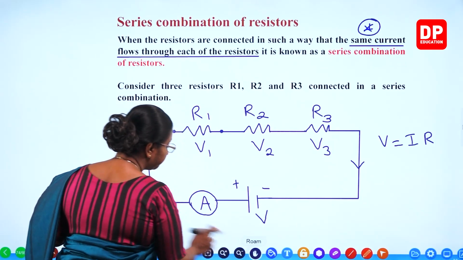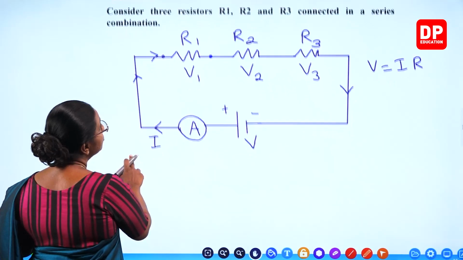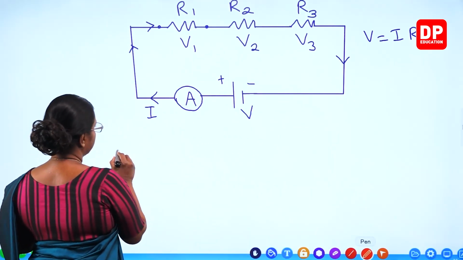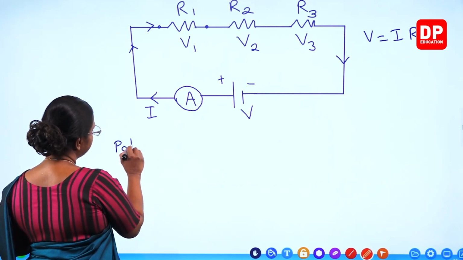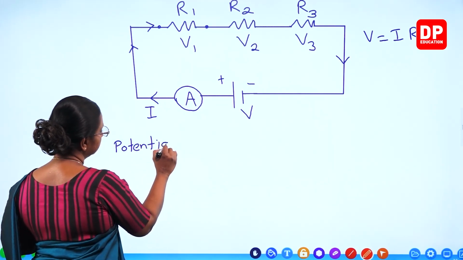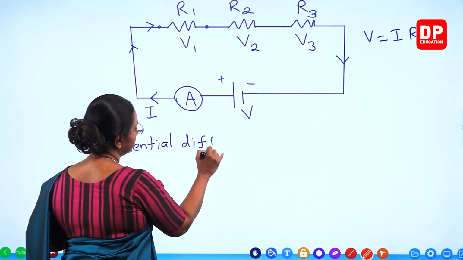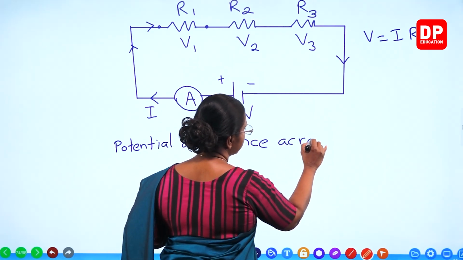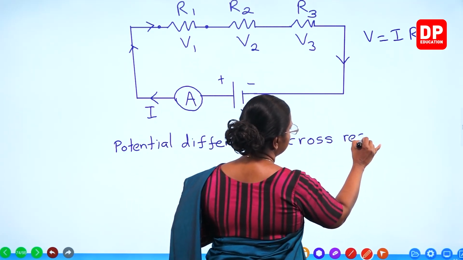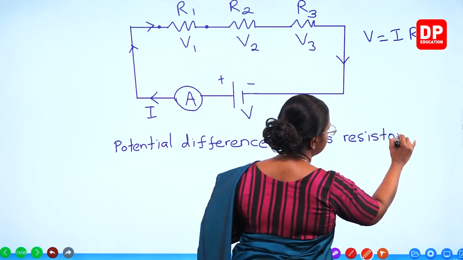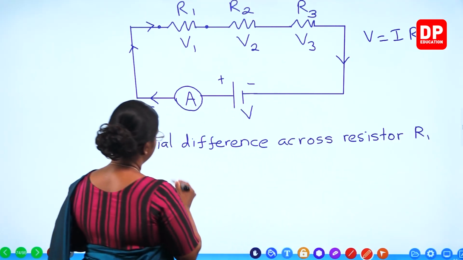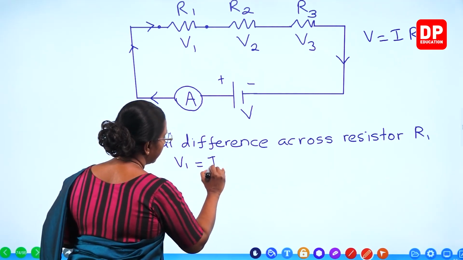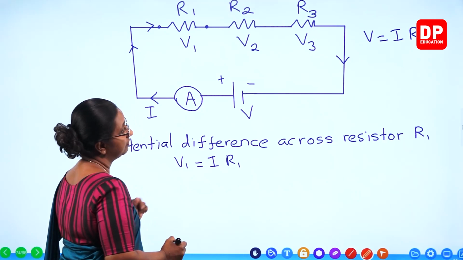So then, if we are to calculate the potential difference across resistor R1, that will be V1 equals I into R1. Why?